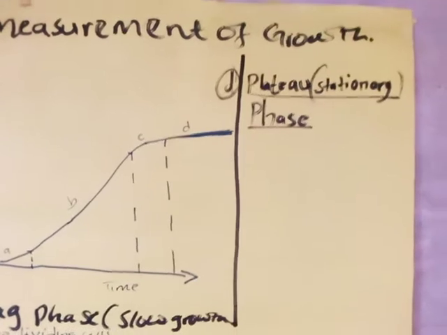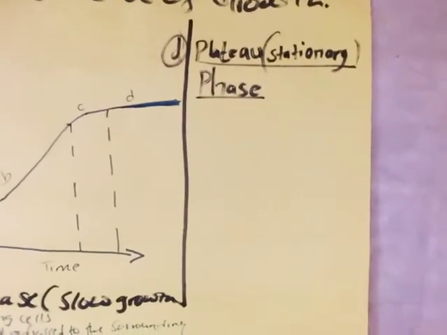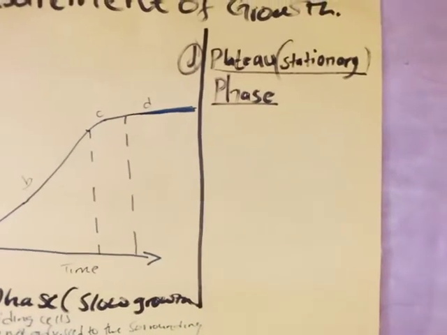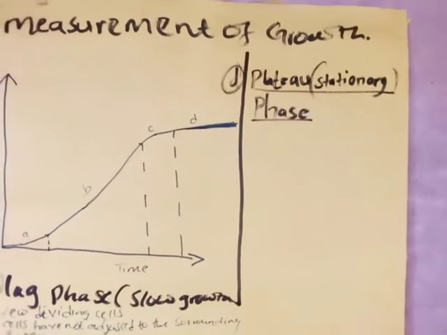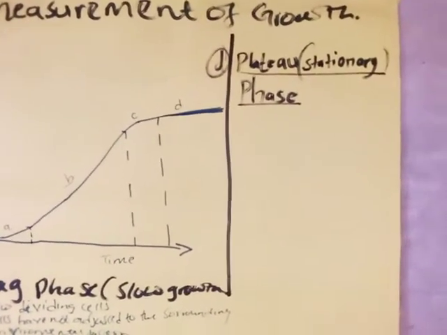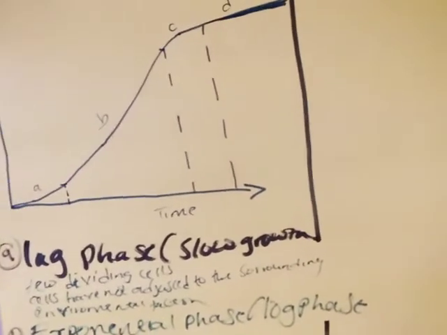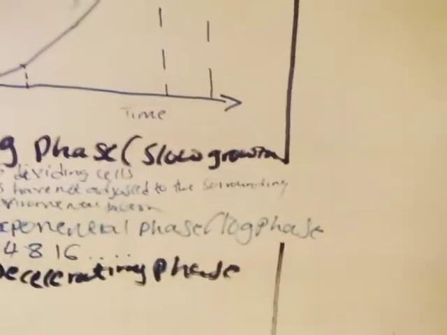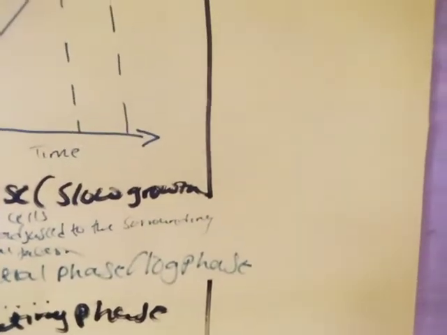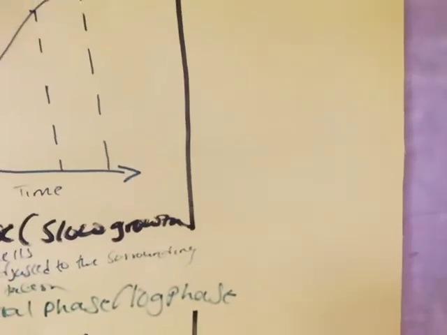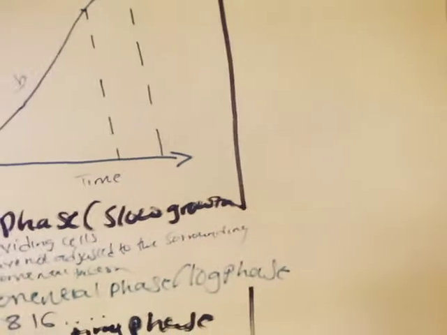Now, in another case, you can find that the curve will flatten out, and when it flattens out, it indicates that there is no change in growth. In the last case, it may tail off, and in that case we have a period of negative growth rate.